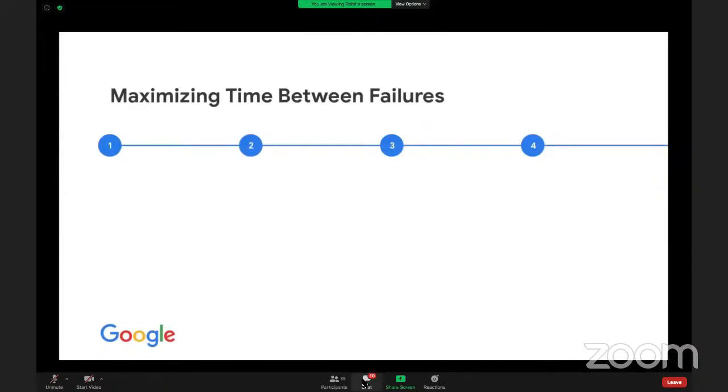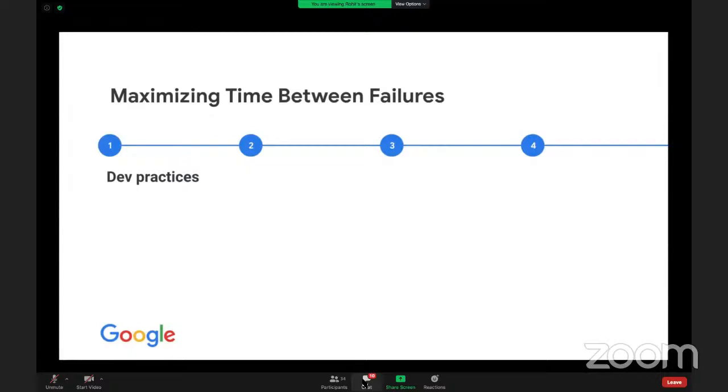Maximizing time between failure largely comes down to discipline and recognition that anything that depends on a manual process is slow and error-prone, like cowboy coding, which can be very risky. Forward and backward compatible.